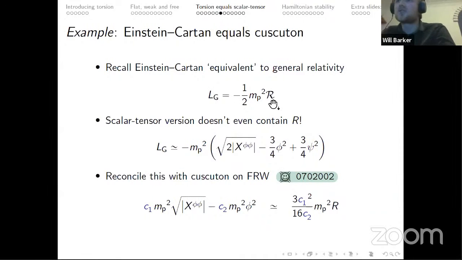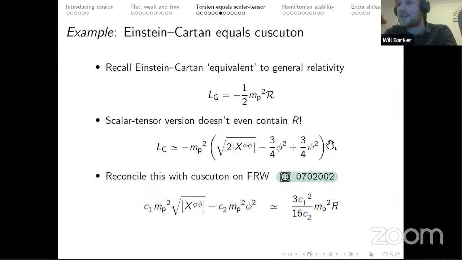If you took a torsion theory which just had the scalar curvature term in it, so this is going to be the Einstein-Cartan theory from the beginning, and you ask what is the scalar tensor analog of that that reproduces the same background cosmology, you just get this horrible non-canonical scalar theory without any reference to curvature in it whatsoever.